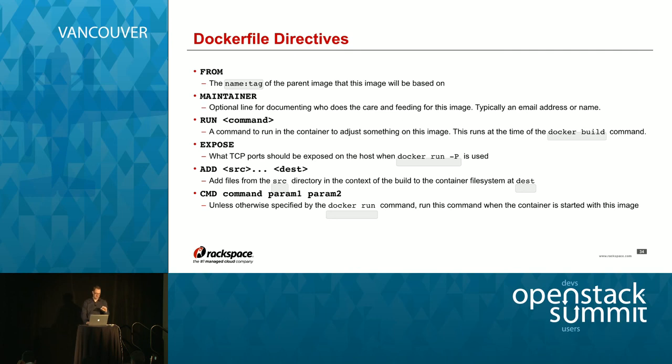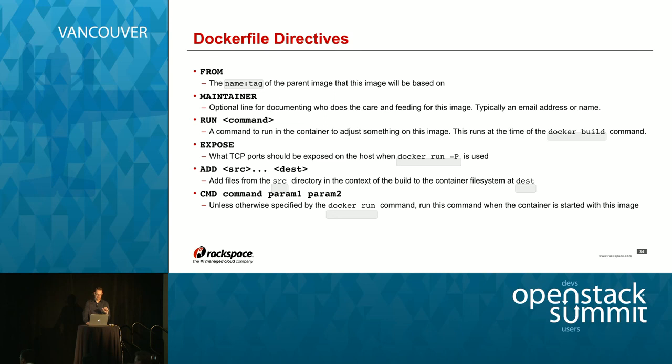So from is either in the format name or name:tag. If you don't specify a :tag, it's going to use :latest by default. The maintainer line is optional. The run command is going to run at the time that you build.